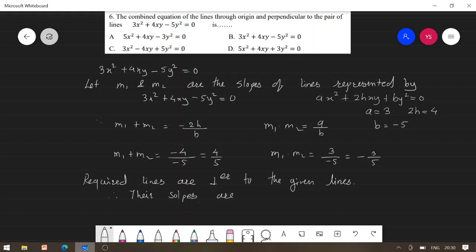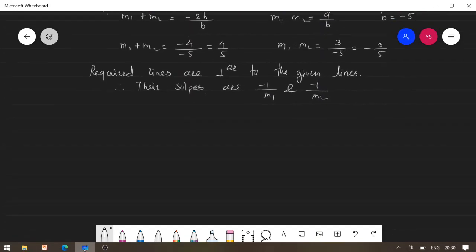So their slopes are given by −1/m1 and −1/m2. Now their equations are given by y = mx be the equation of a line, where m becomes −1/m1 times x, and the other line having y = mx, meaning −1/m2 be the slope times x.